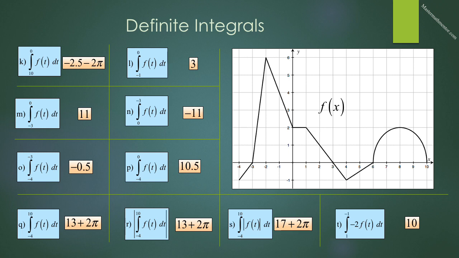Since the integral from negative 1 to 0 is 3, and from 0 to 1 is 2, the integral from negative 1 to 1 is 5. Multiplying that by 2, we get 10.